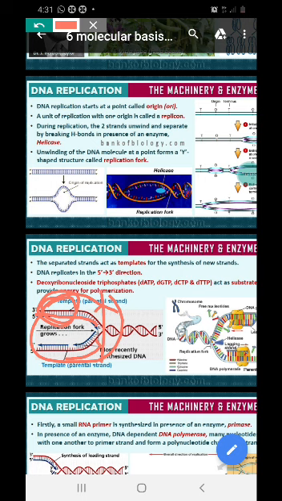Clear, children? Okay. So what is the name of the enzyme? DNA polymerase. And deoxyribonucleotide triphosphate has two functions to perform, a dual function.